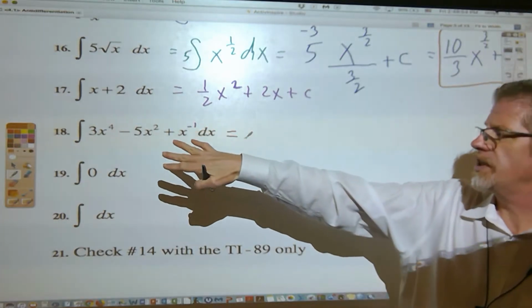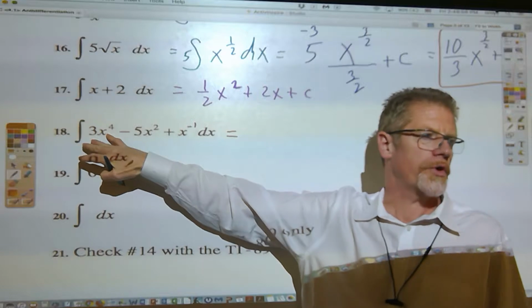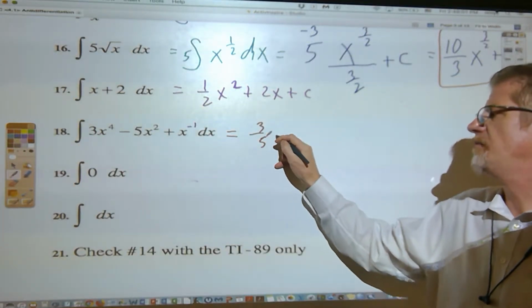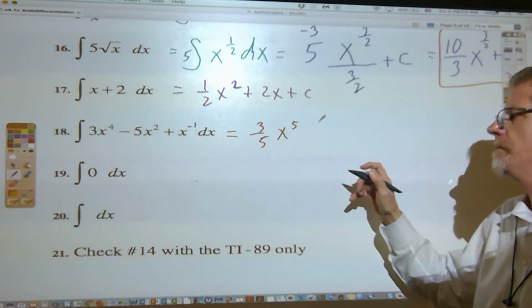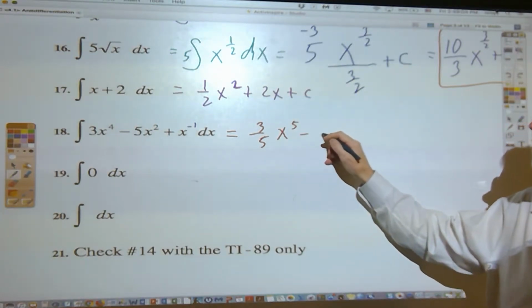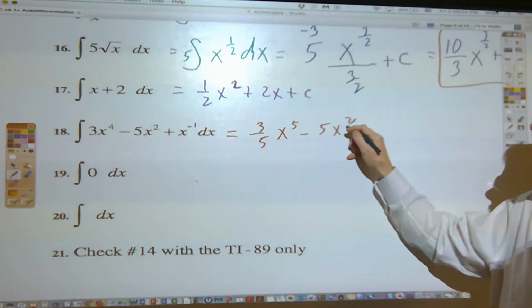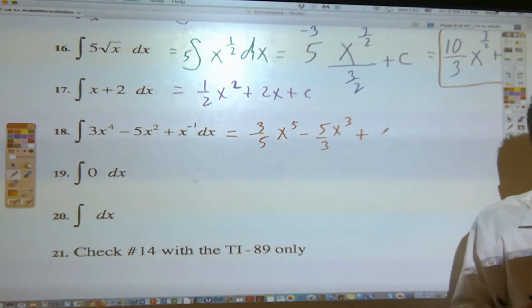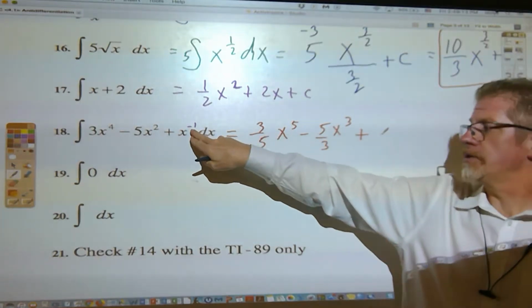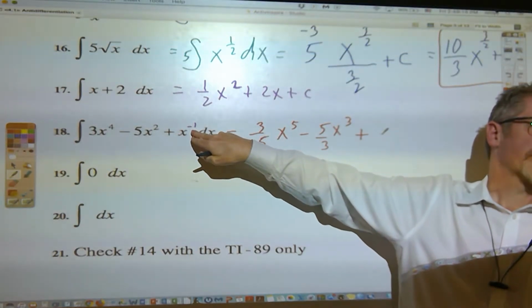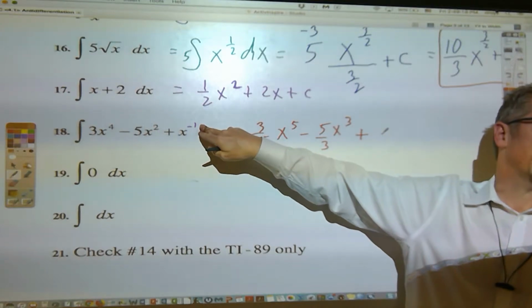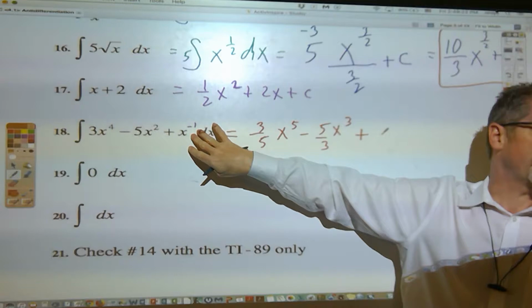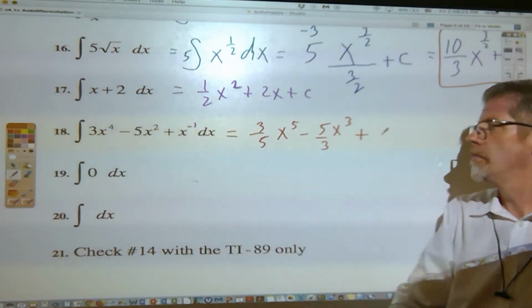All right, well, tell me what you think the antiderivative of 3x to the 4th is. 3x to the 5th divided by 5. Yeah, so we'll call it 3/5 x to the 5th. Keep going. And minus 5x cubed divided by 3 and plus x squared. Careful. N is equal to -1. So isn't x to the -1, isn't that the same thing? I didn't see you change that. So what would the antiderivative of x to the -1 be?